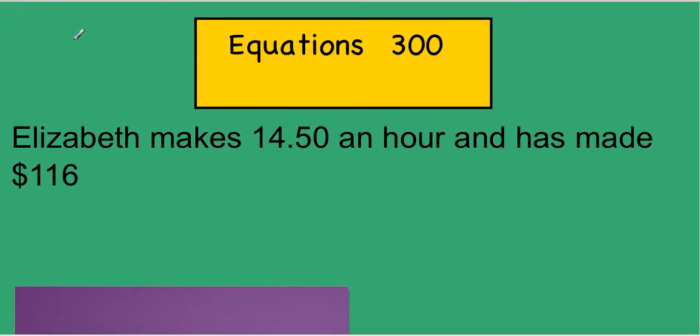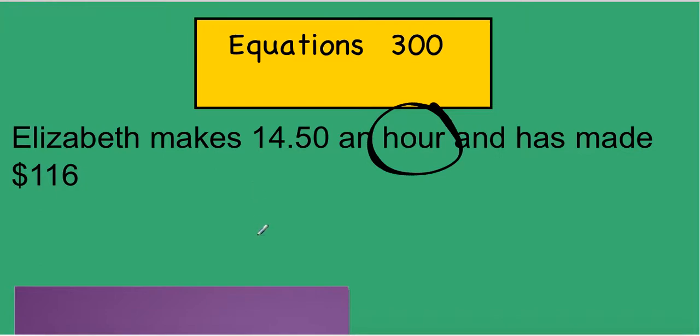In this example, Elizabeth makes $14.50 an hour and has made $116. Now this problem's a little bit different in that we really don't have any variables besides the number of hours she's worked. So I'm going to use H as my variable. I know she makes $14.50, and we're going to be writing an equation that describes how much money she's made.